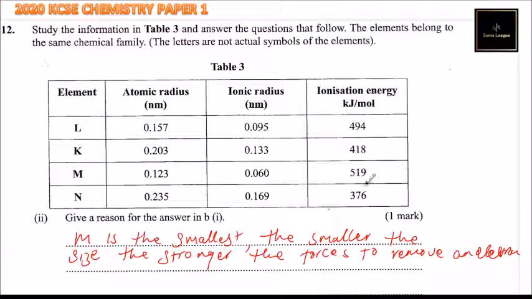So M is the smallest and has the highest ionization energy, meaning that it takes a lot of energy to remove an electron from it. N is the biggest in size, as you can see from the atomic radius, and it requires the least ionization energy to remove an electron. So we can say M is the smallest, N is the greatest.